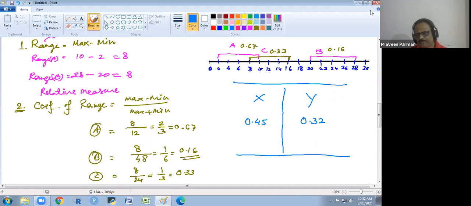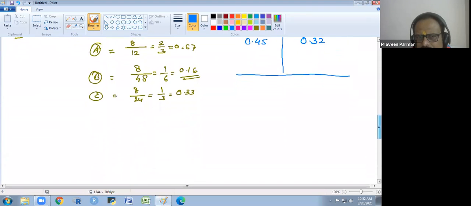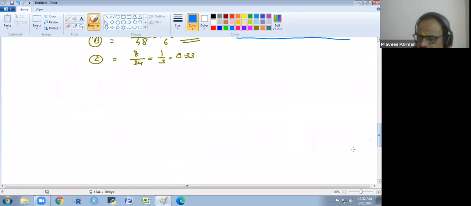Company Y, correct? Is it clear to you? Now, this was all about the coefficient of range and range.